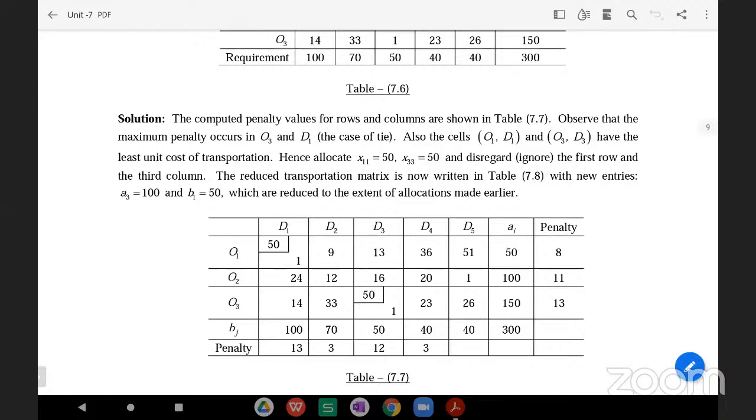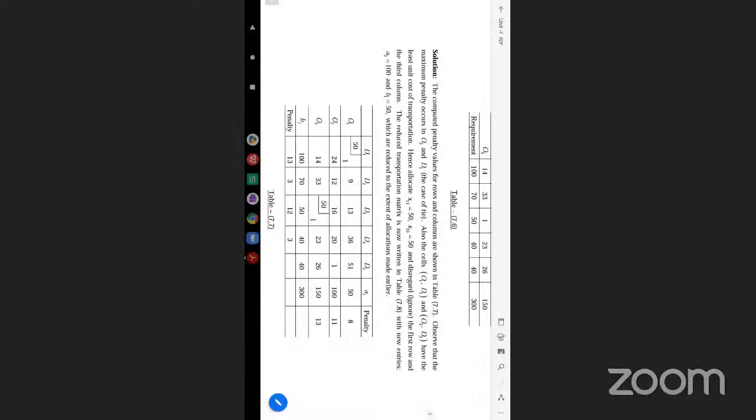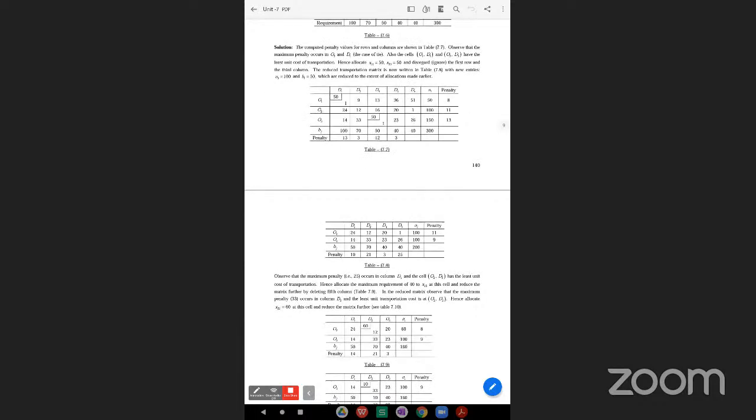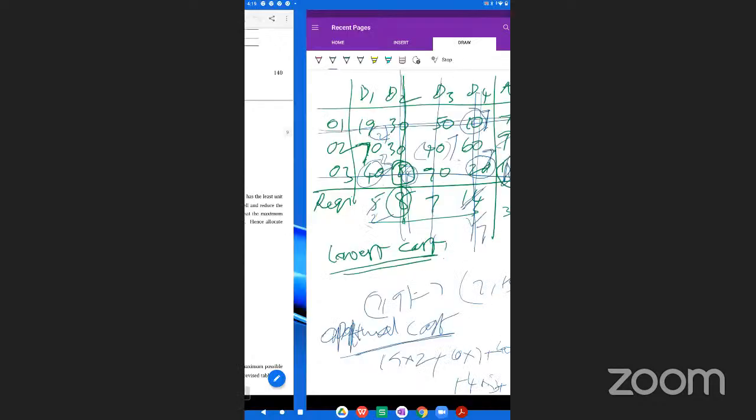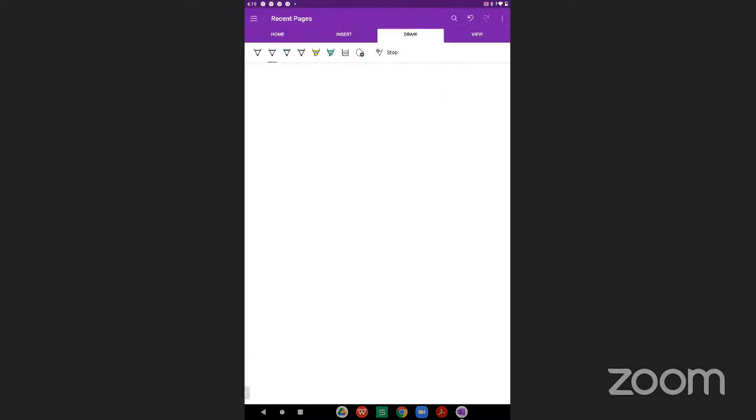Now, I will explain this problem on the board. The next method is the Vogel approximation method.